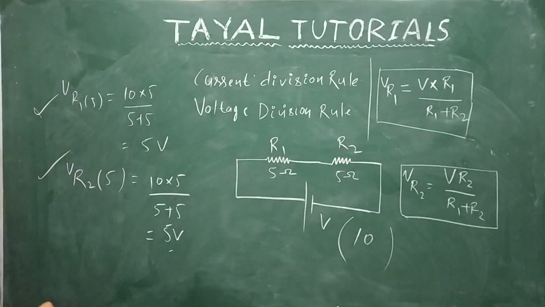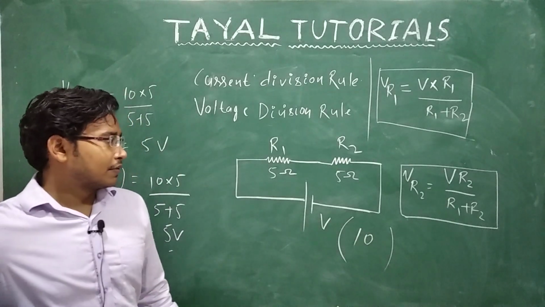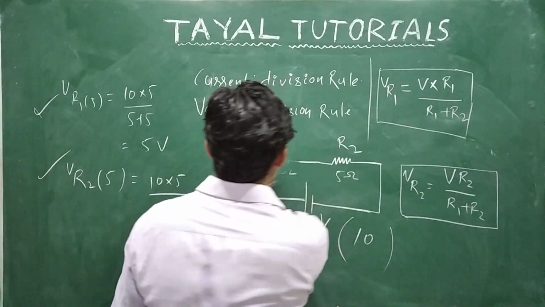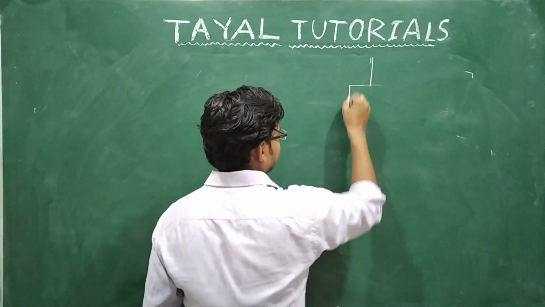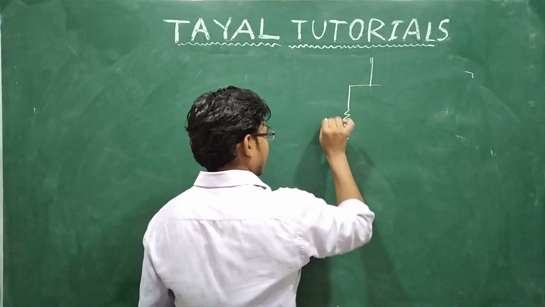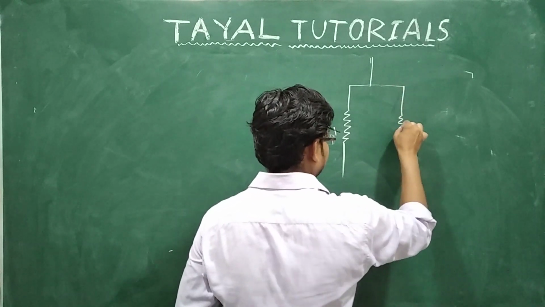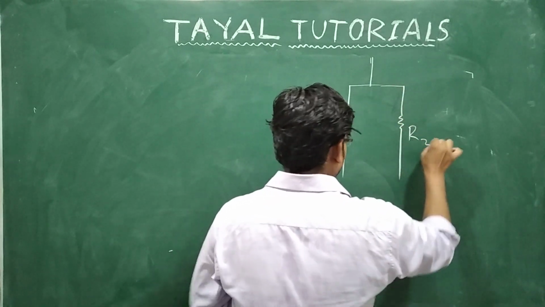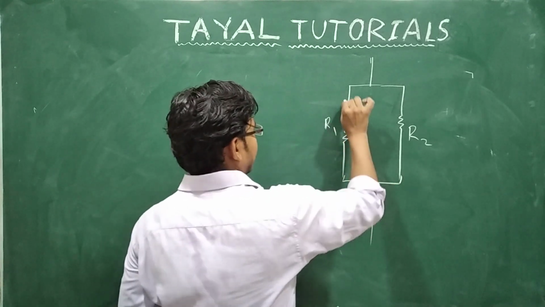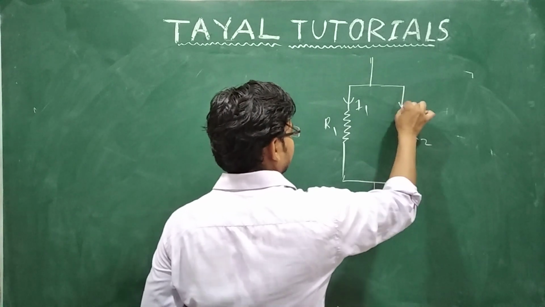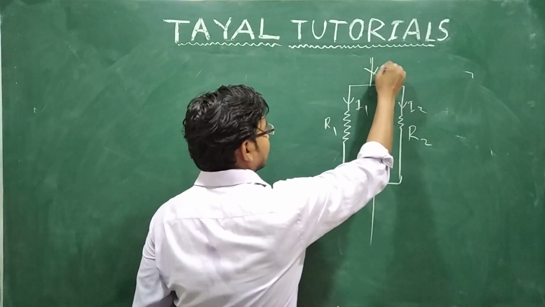Okay, it will be used while solving the problems. Now, let's start with the current division rule. Network R1, R2. Let's say the current coming is I, with I1 and I2 as the branch currents.